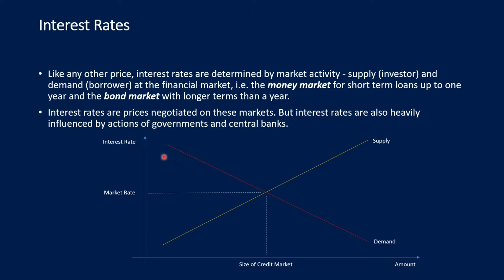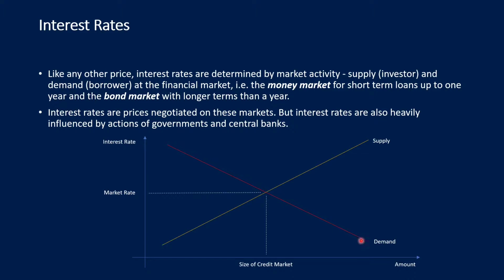The higher the interest rate, the more supply will be there. So a higher amount will be supplied to the credit market. And of course we have demand, we have borrowers, those who need money. But of course at a very high interest rate we will have only low demand.